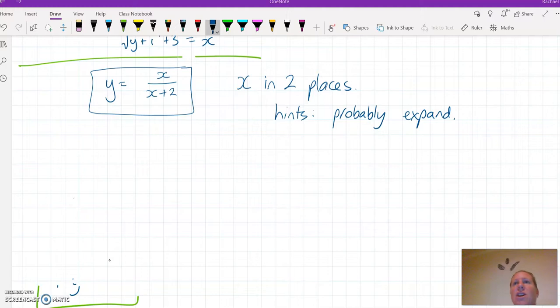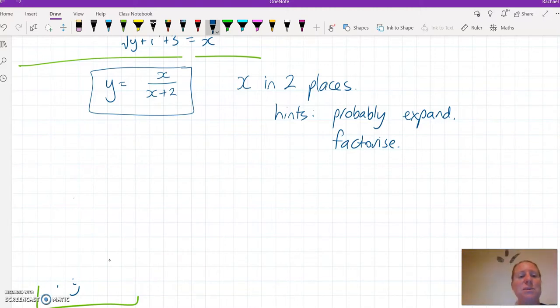And then once you've got all those terms with x on one side together, you're then going to factorize. And when you factorize, you'll end up that you can pull x out of each term and then divide by that factor that you've made.